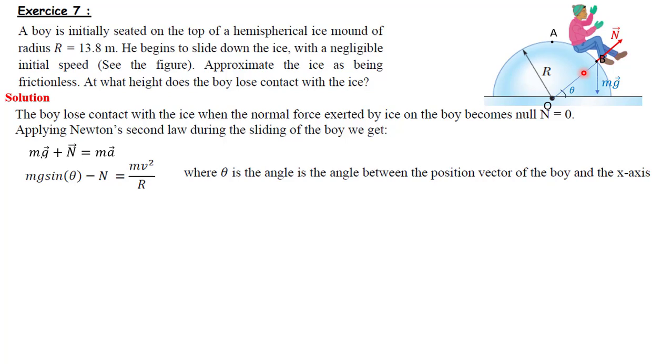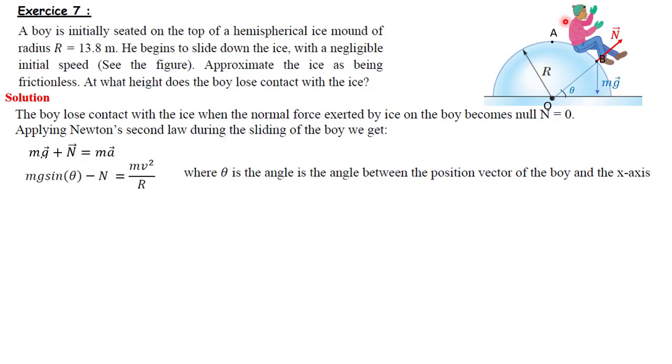So it's directed towards O. It has this direction. Now the projection of mg along the normal unit vector will give us mg times cosine of this angle. And this angle, let's say it's alpha, it's complementary to theta. So this will give us mg sine theta.